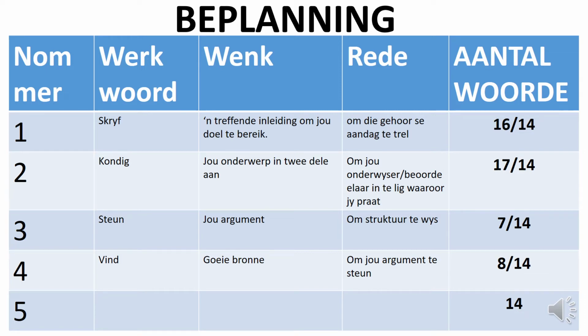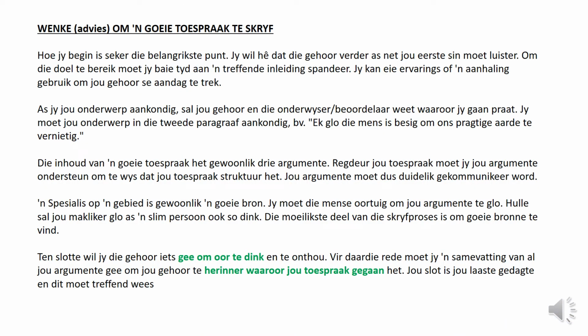We must make sure that those words are all verbs. Skryf, kondig, steun, vind. All of them we know are verbs, werkwoorde, because we know what a werkwoord is. We're still on track with our amounts of words, and we've used a linking word to make sure that it's one sentence.